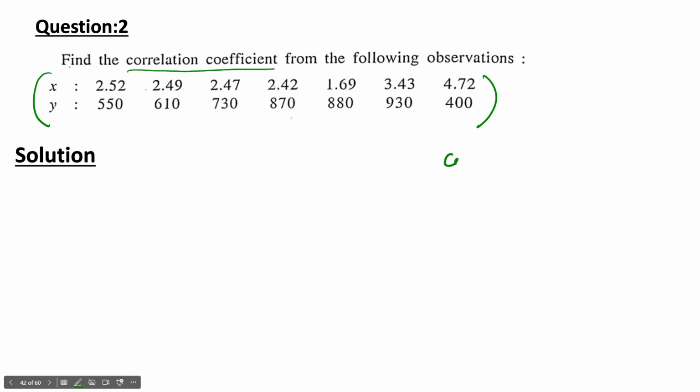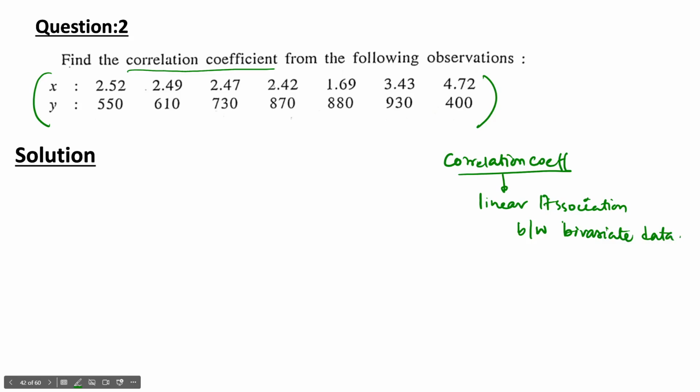As you know, correlation coefficient is nothing but finding the linear association between bivariate data. That is very much known to you, and x and y, the two variables, complete the bivariate data, and the data is given to you.